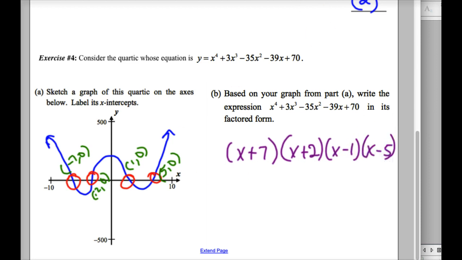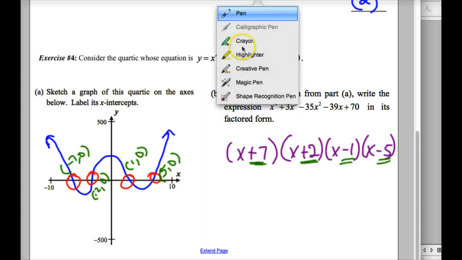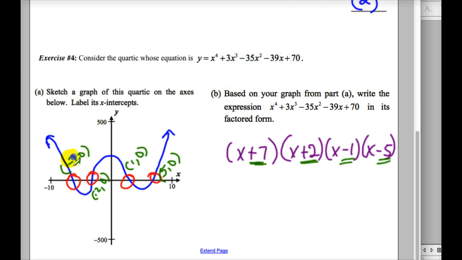Where did I get this from? I really want you to look at these numbers that I'm underlining here. All of them are your x values, but it's the opposite of it. Because if I take this part of it, x plus 7, and make it equal to 0, this will be minus 7 on both sides. X will be equal to negative 7.